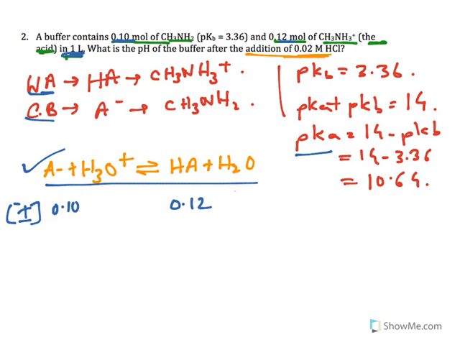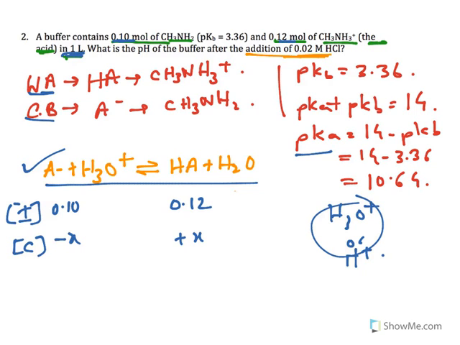We're not given anything else in the beginning, but then as a change, or the x, we have a negative x and a positive x here. We are adding more acid in, and acids give us H3O plus or H plus. So since we're adding in more acid, or HCl, we're going to get more H3O plus, or more H plus. We're going to have 0.02 as the change.